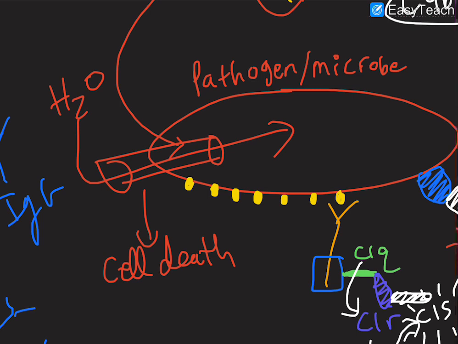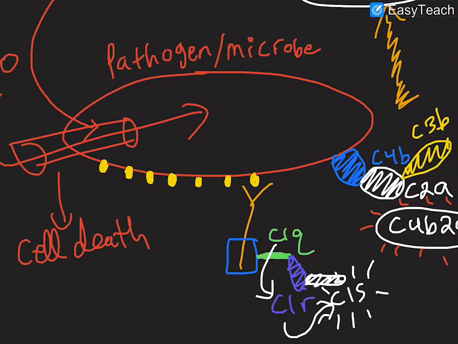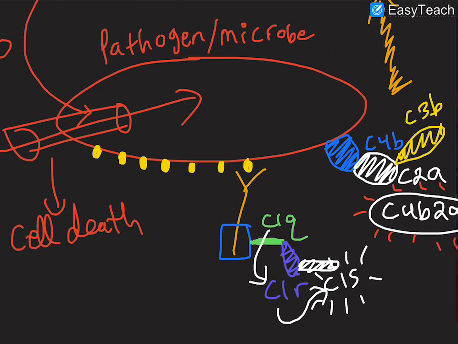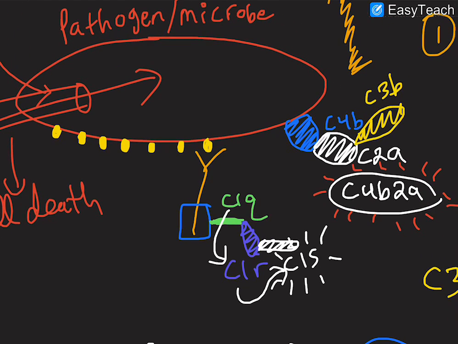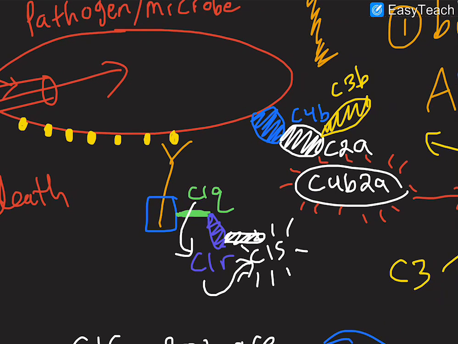So that's basically the classical pathway of the complement system. Just to make sure, the main idea is we start with C1, specifically C1q, which binds to the Fc portion of our antibody, that being IgG or IgM. Then C1q activates C1r, which then activates C1s, which cleaves C4 into C4a and C4b.